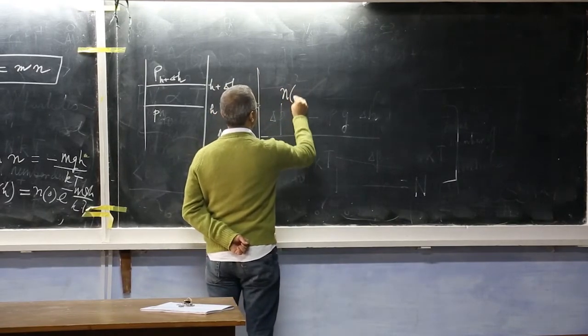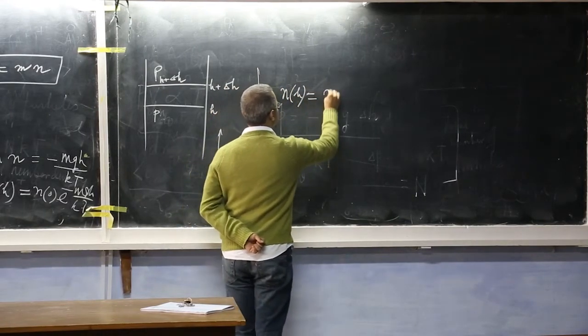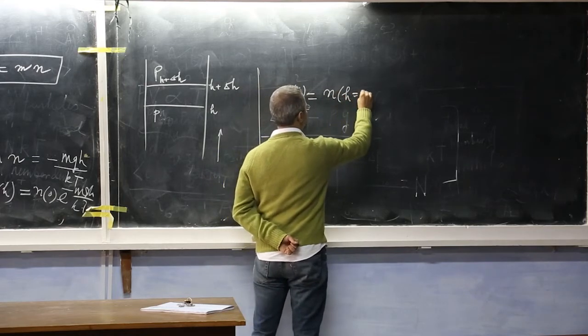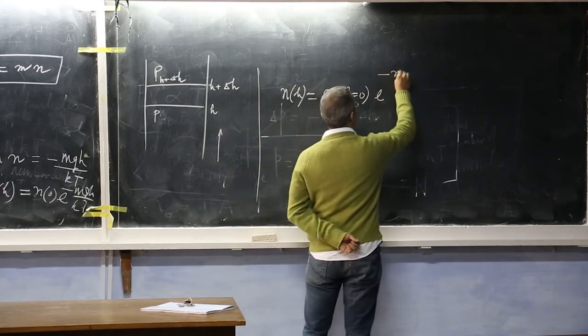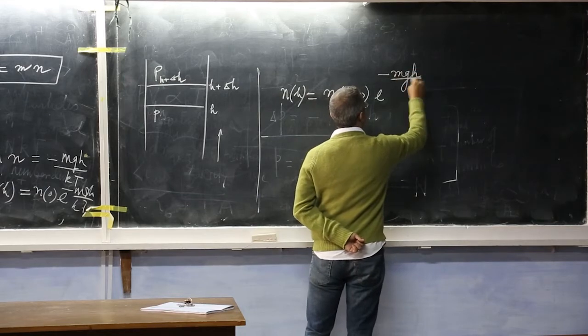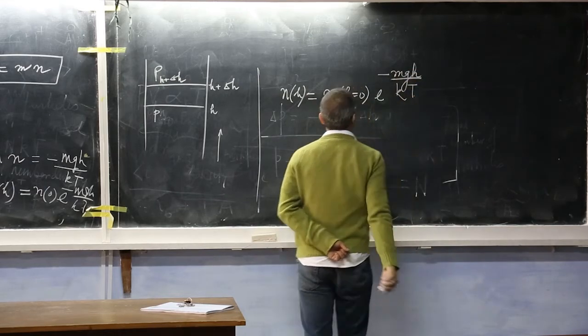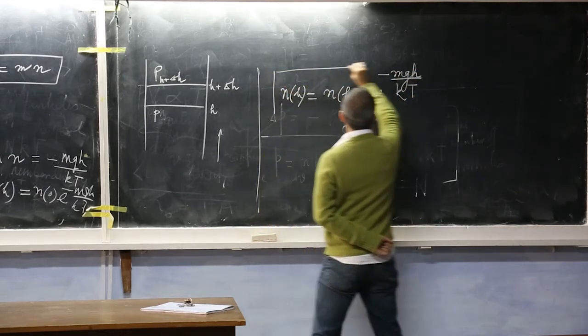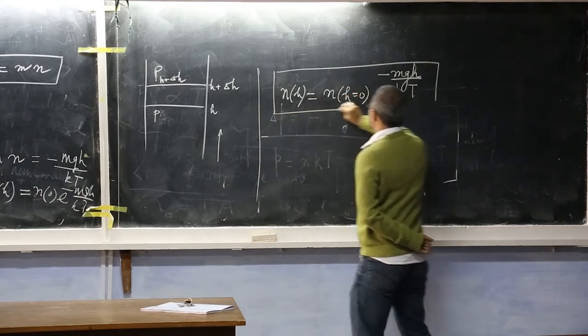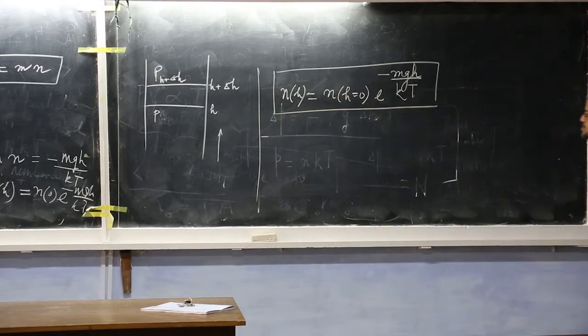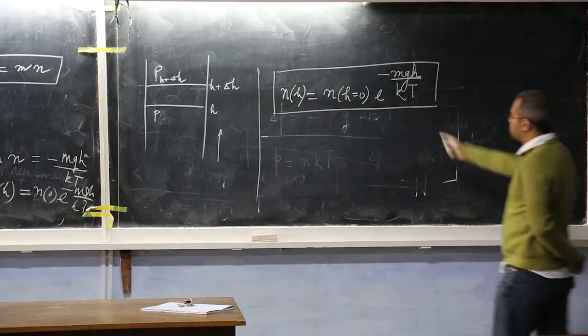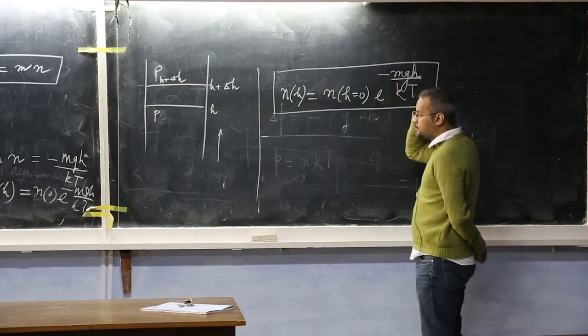We have n at h equals n at h equals 0 times e to the power minus mgh by kT. It is a very important law that number density essentially falls off exponentially as you go high up. All right?